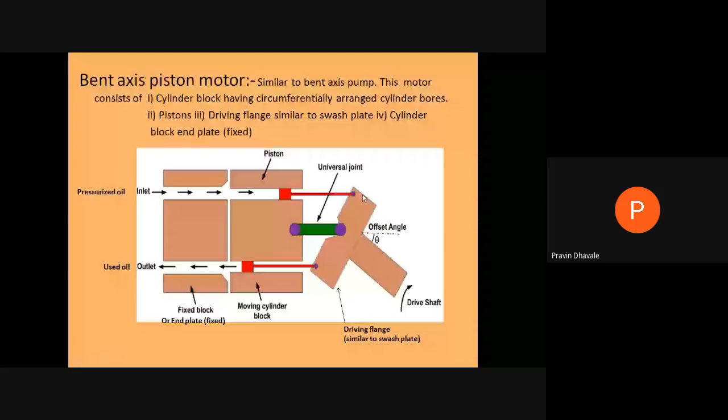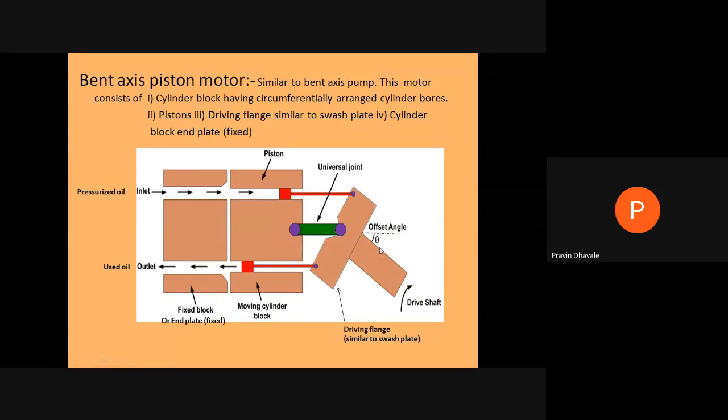At that time, the piston is at the outermost position, so vacuum will be generated over here. So fresh fluid will enter within the cylinder. What change have we made over here? We are only providing this mechanical energy and converting this mechanical energy into fluid energy. This is the working principle of the pump.